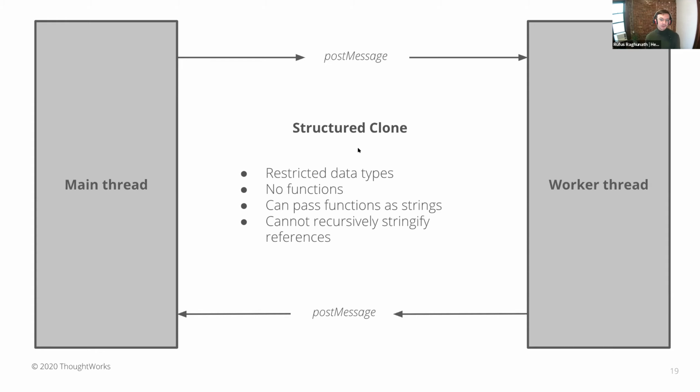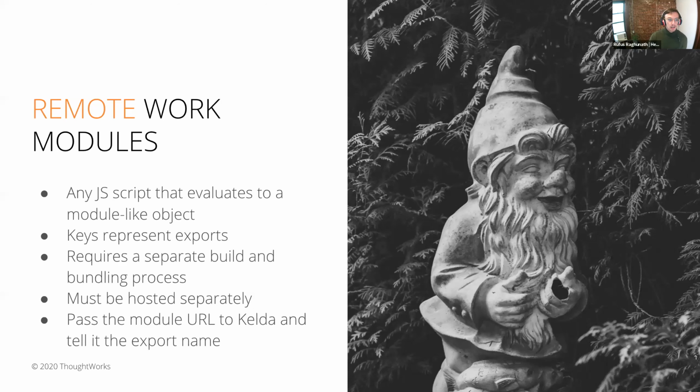But since we can't recursively stringify references, there isn't really a way to have module imports and basically reference anything that is defined outside of the body of the function. So this was really disappointing, but I've sort of made my peace with it.